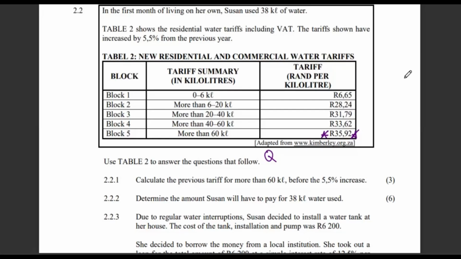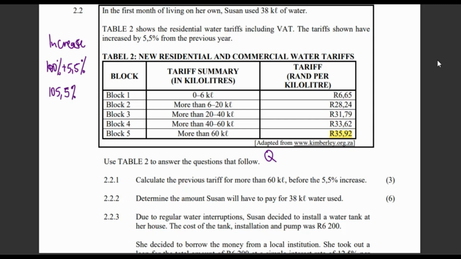I was saying there's a price that became this price. You see this price here, 35.92? Before it became this, there was a price that was increased by 5.5%. So in our head, since it's increasing, we say 100% plus 5.5%. What do you end up having? You have 105.5%.